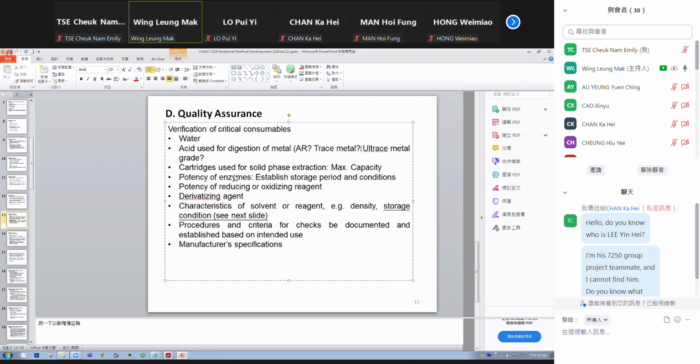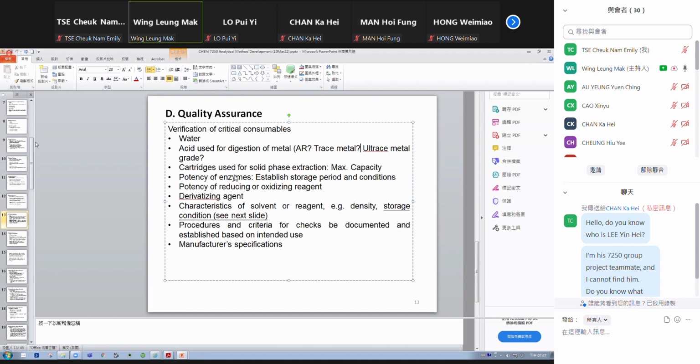For ultra trace metal grade, you are measuring very low concentrations of heavy metals, maybe at sub-ppb or ppt levels. If your solvent already contains very low levels, it will make the baseline higher and your signals will not be good for interpreting the result.